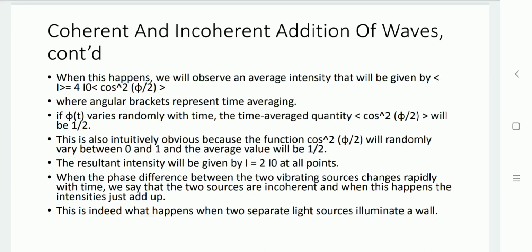So the intensity I equals 4I0 into 1 by 2, which is equal to 2I0. So we can say that as the phase difference between the two vibrating sources changes with time, the intensity will be half of that for coherent sources. And this happens when two separate light sources are illuminating a wall.